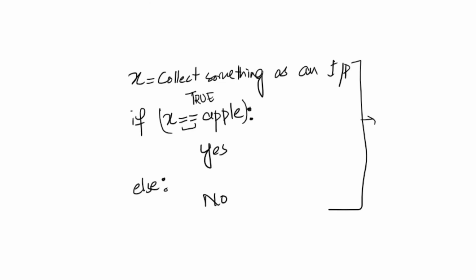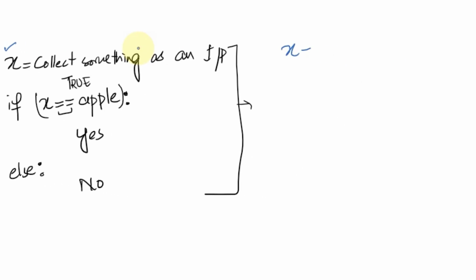So what is the first step here? The first thing here is this x variable, and we still don't know the data type of it, but let me use x equal to, and what is x? X basically initially collects something from the available practices, so x will take something as an input.